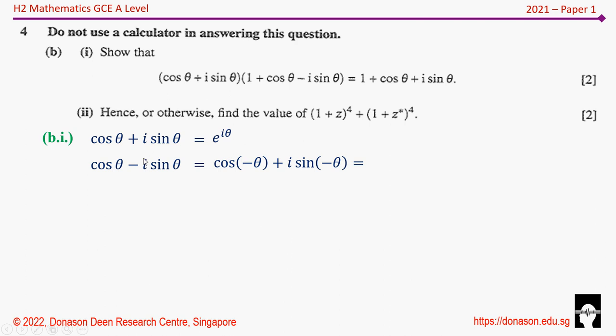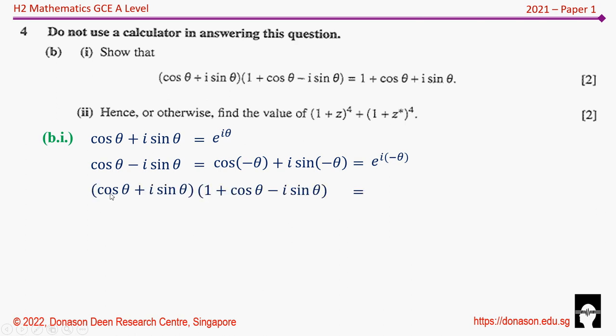From this we can readily see that the argument is negative theta and the modulus is still 1. So for this part it is simply e to the power of i times negative theta. That is only this part of the bracket, cos theta minus i sin theta, which I have converted into exponential form.